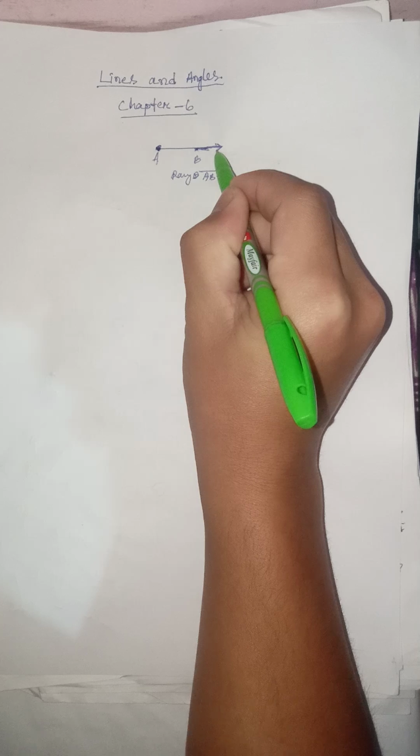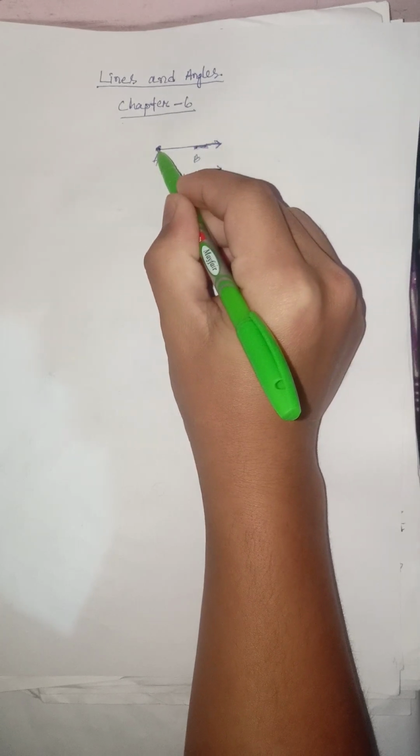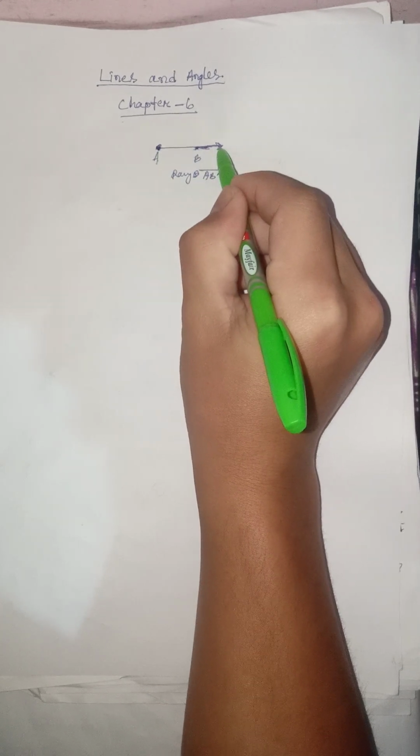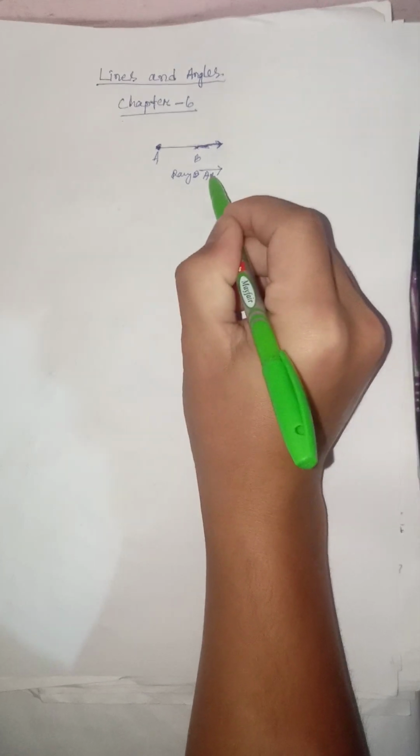So this kind of line with a definite starting point but going infinitely, we call a ray, and we denote it like this.